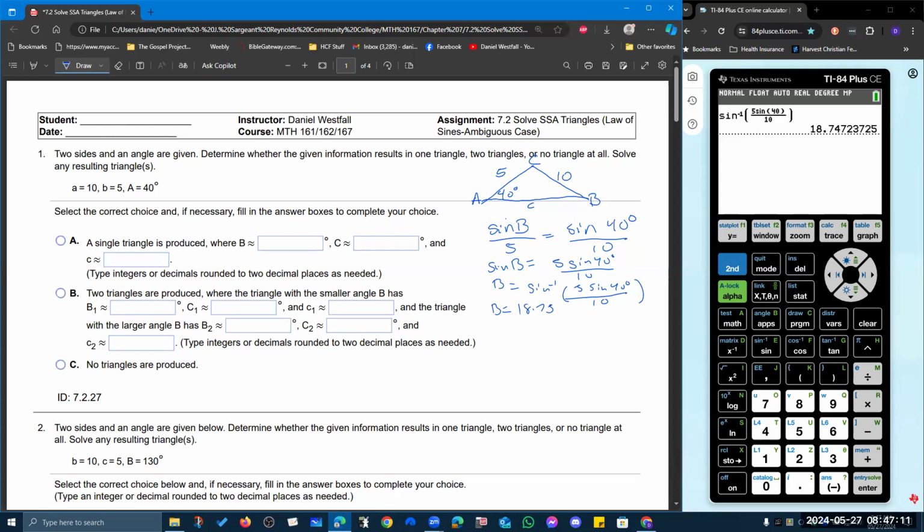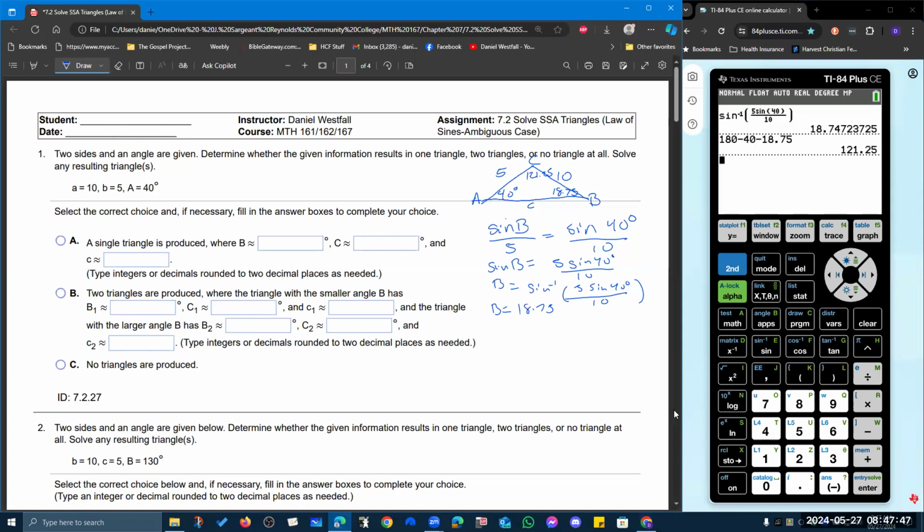So yes, we have at least one triangle here. 180 minus 40 minus 18.75 is going to give us 121.25. Now, the question is, is there another triangle that also works here?